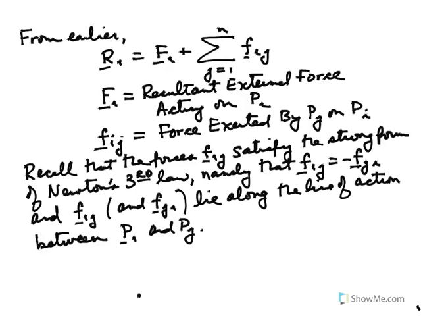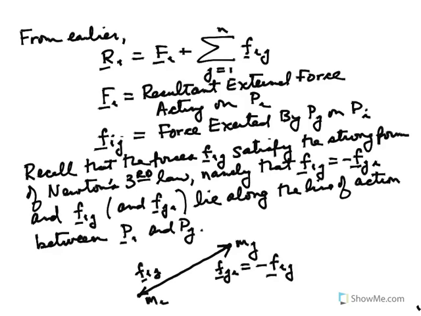The picture is that I have masses Mi and Mj, and the force exerted by j on i lies along the line connecting the two. So this is Fij, and then Fji is equal to minus Fij. This is the strong form of Newton's third law because these two forces lie along the line connecting these two points.